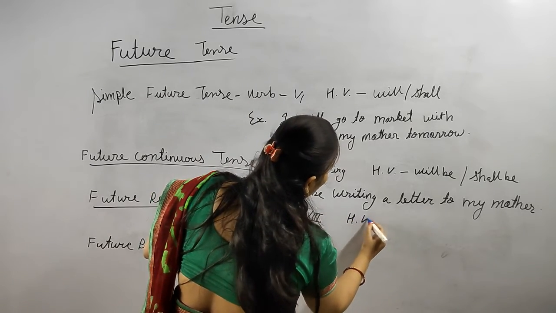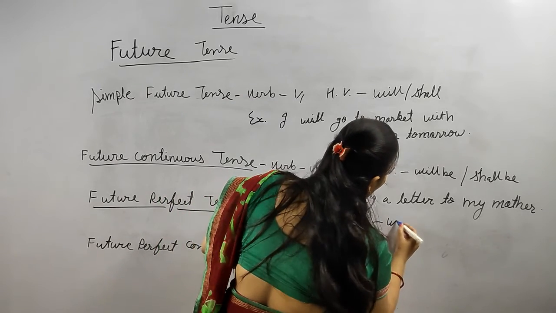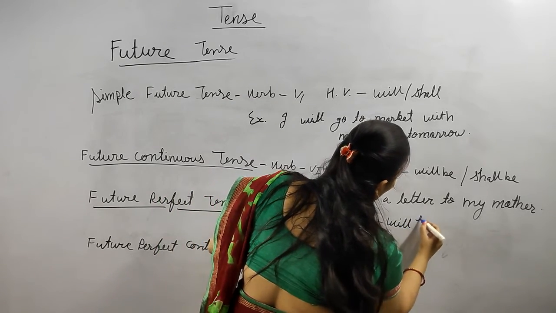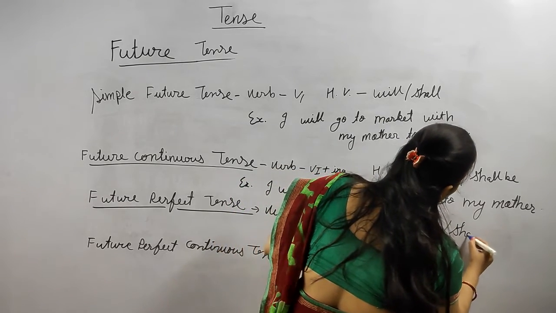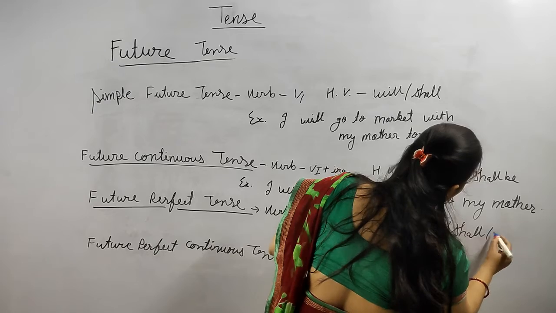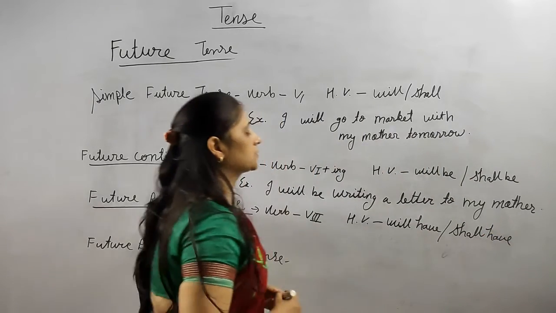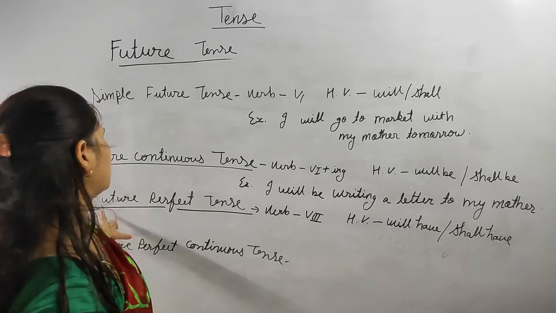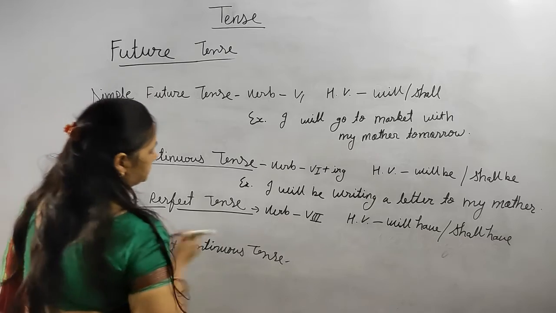Which helping verb we will use? Will have and shall have. It is your helping verb of future perfect tense. Look at the example.